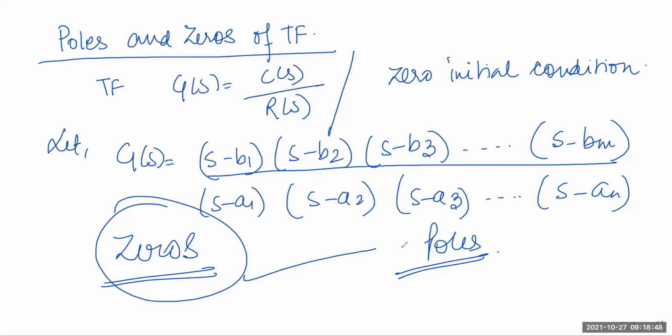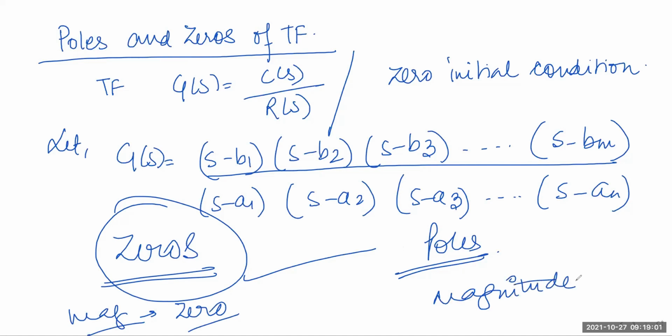So the definitions are more or less the same. The only difference is that in the case of zeros the magnitude becomes 0, and here the magnitude becomes infinity. Otherwise they are similar. Here also, if the poles are repeated, they are termed multiple poles. If not, they are termed simple poles.